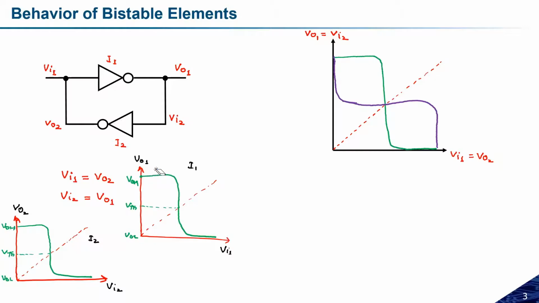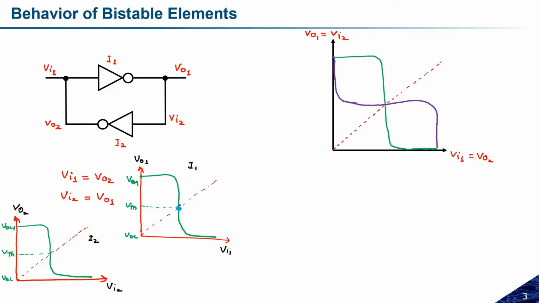But during the transition, at this particular point, we know that both the transistors are in the saturation region, and the uncertainty is more here because the gain is very high. This is the point where we can achieve the maximum gain in any of the circuits.